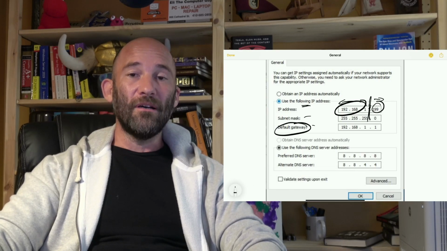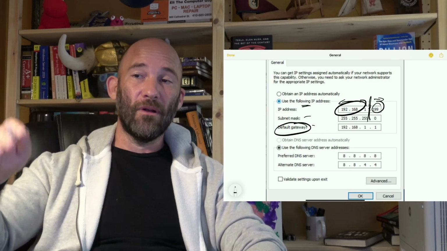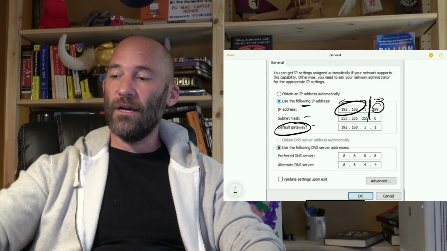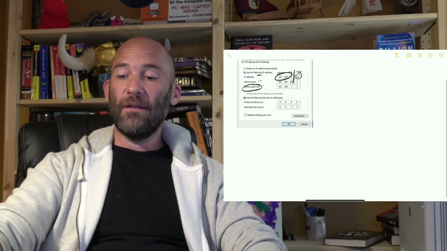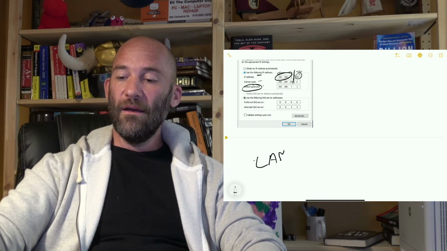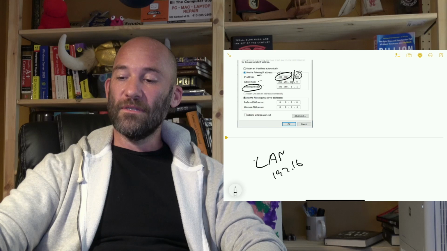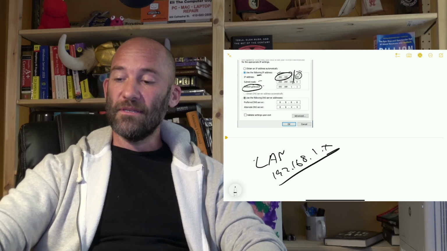What a router does is route communication between two or multiple different networks, right? So if we're sitting here on a TCP/IP network, and we have our LAN here, and let's say it's 192.168.1.x. This is how we talk about networks.